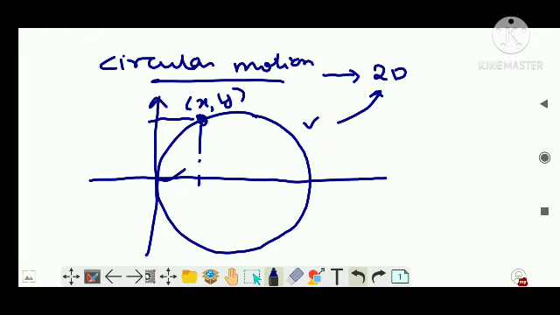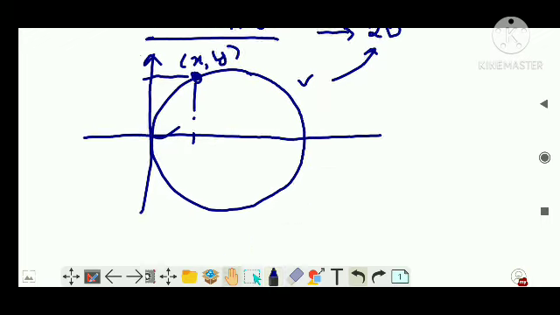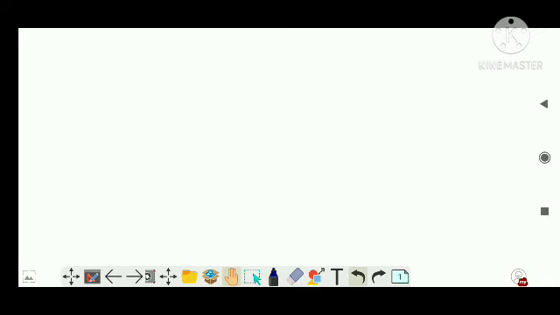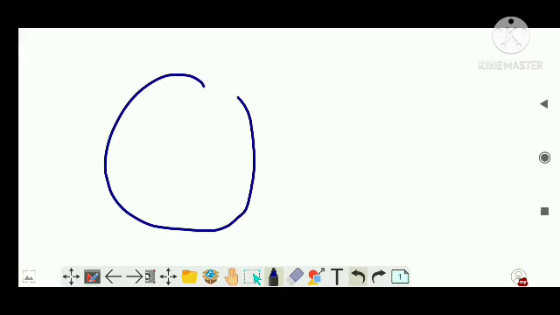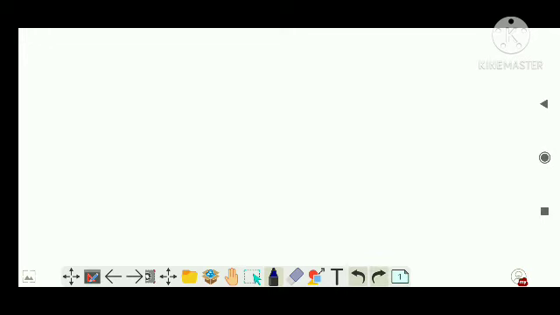So what is the speciality of a body which undergoes a circular motion? When a body is moving in a circular path, it will usually have a uniform velocity. If this is the path, I meant to draw a circle, so we have a circle here.